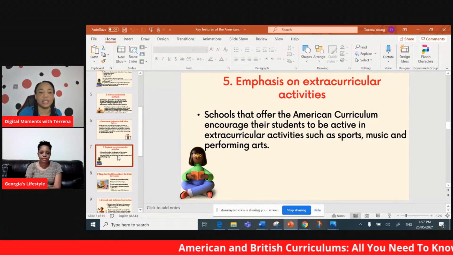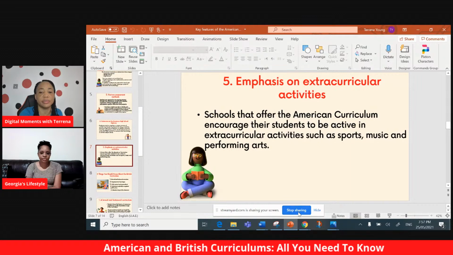You realize too, Georgia, that when you're doing some of the subjects, we tend to include projects, and when we're including projects, we are going to put art in it. Students have to do some music piece.